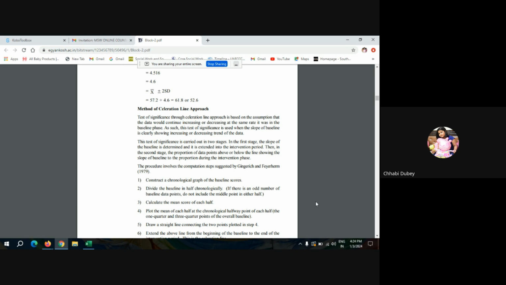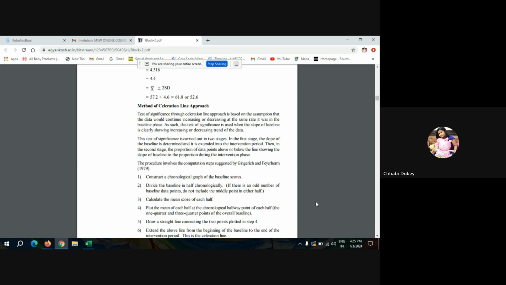So this is again a type of test of significance which is used when the slope of the baseline is clearly showing an increasing or decreasing trend of the data. So whichever test of significance we are going to use, whether it's going to be standard deviation or the acceleration line approach, it would depend upon the result that we are getting from the data analysis.